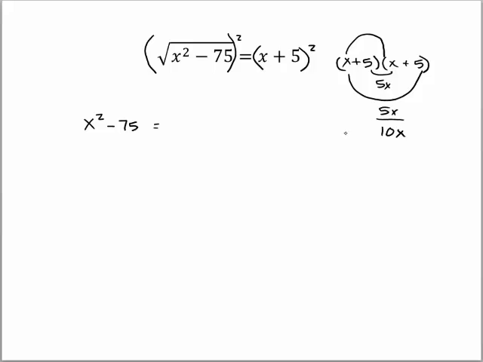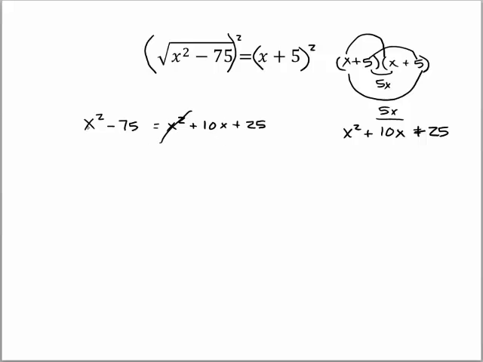The first term, x times x, is x squared. And the last term, 5 times 5, equals plus 25. So that side would become x squared plus 10x plus 25. Since it was a binomial squared, it actually came out as a trinomial.